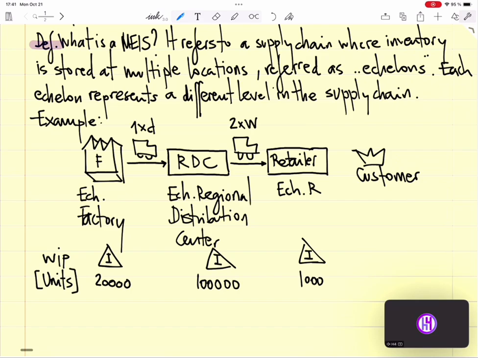And then you have your customer with an average demand equal to 100 units per day.